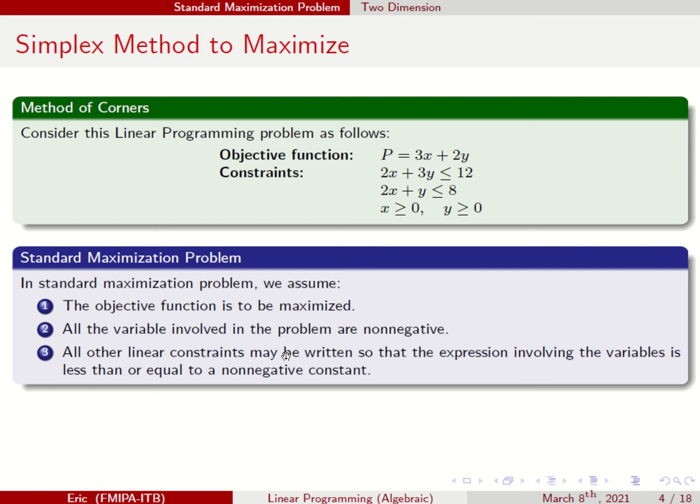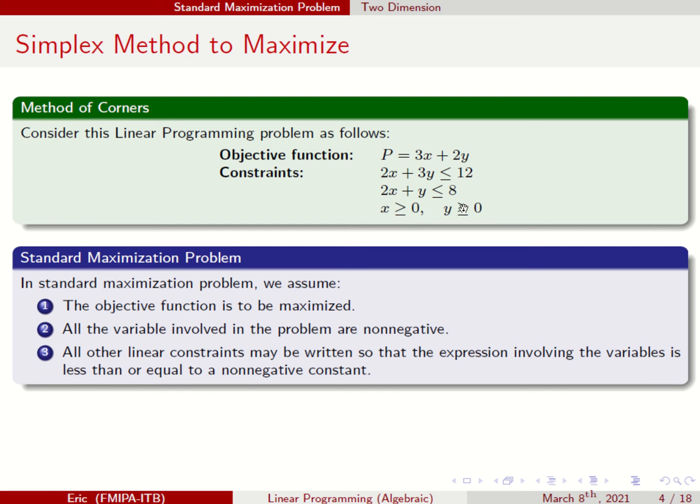All the other linear constraints, besides this, involving the variables may be written as less than or equal to a non-negative constant. Don't forget, non-negative can be 0 or positive. So all of these are less than or equal to something non-negative, except this one: all the variables should be non-negative.